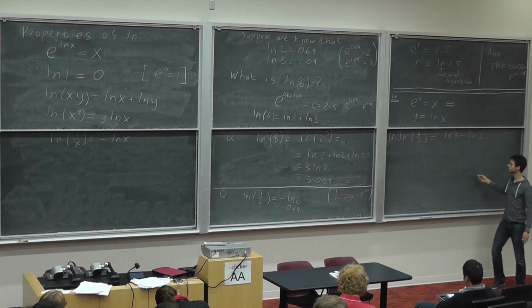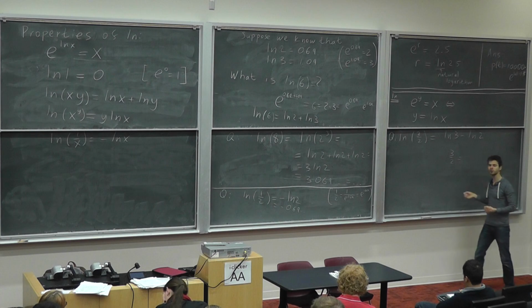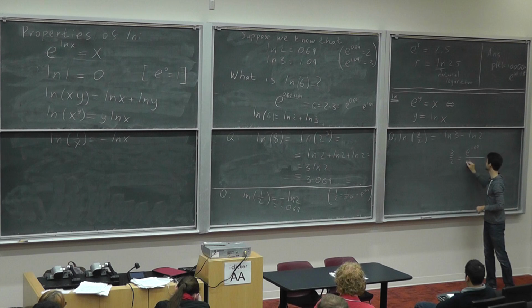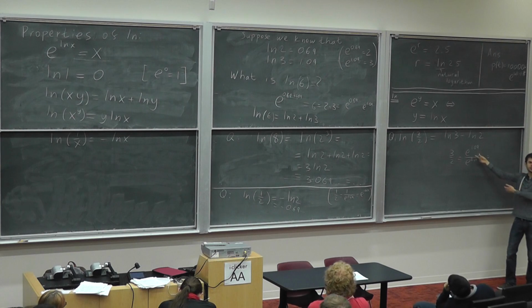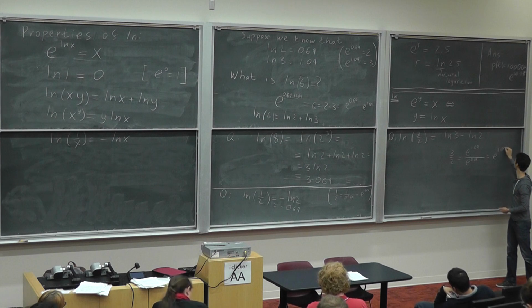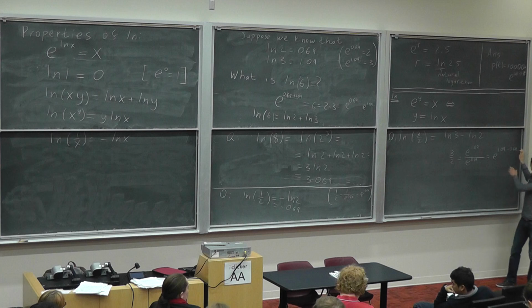What's the reason? Well, if I want to write 3 halves as e to some power, I can first write it as e to the power of 1.09, which was ln of 3, divided by e to the power 0.69 something, which was ln of 2. But then I can rewrite this as e to the power of the difference, and then compute the answer, 0.4.